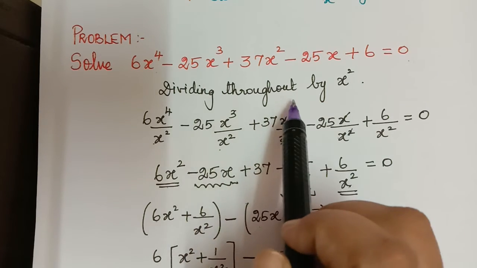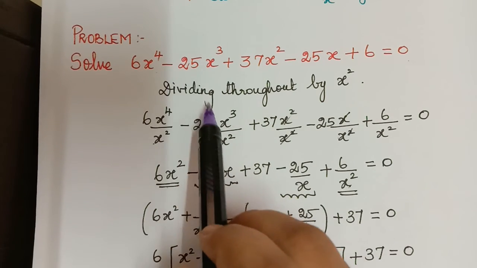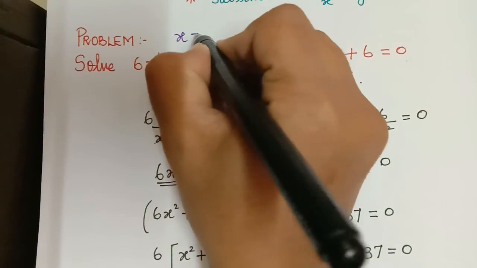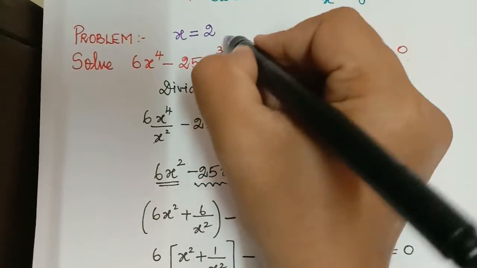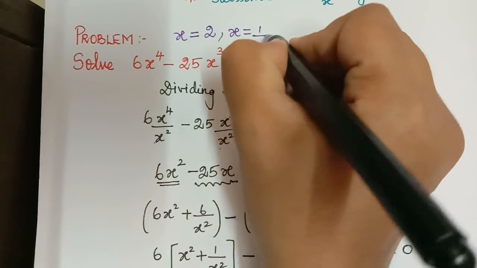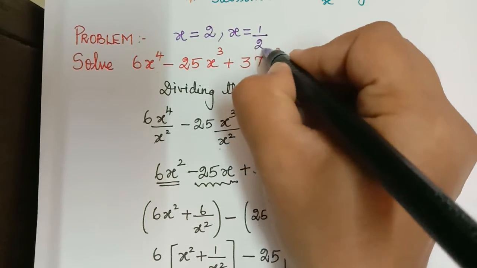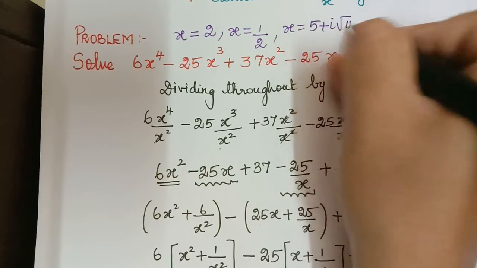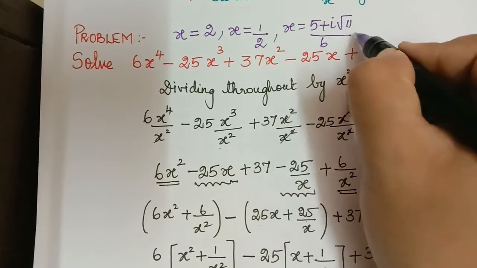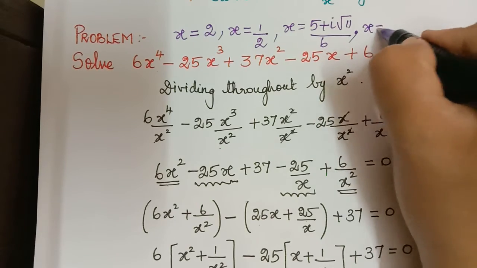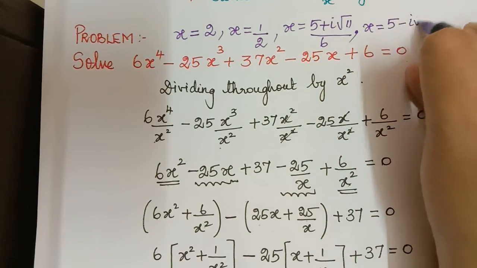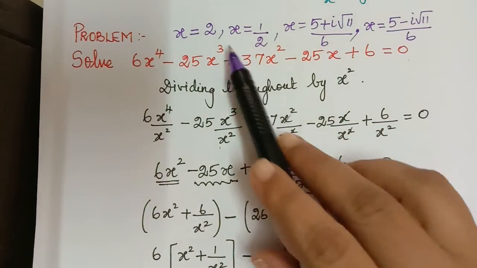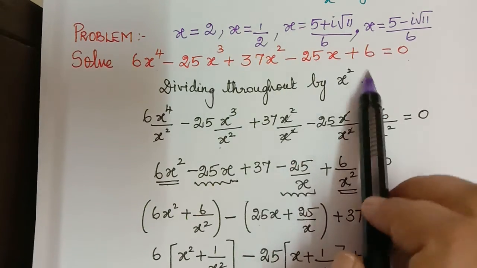So we have adapted the method of solving a degree 4 equation, which is type 1, and finally we have arrived at the roots: x is equal to 2, the second root was x is equal to 1 by 2, and then the other root was x is equal to 5 plus i root 11 by 6, and the last fourth root was x is equal to 5 minus i square root of 11 by 6. So these are the four roots of the reciprocal equation of degree 4.